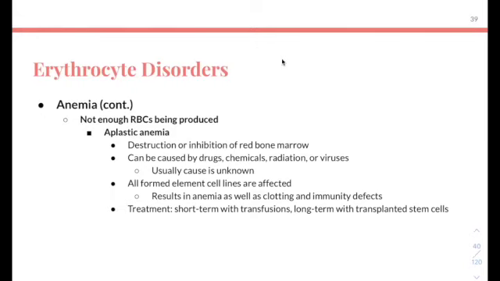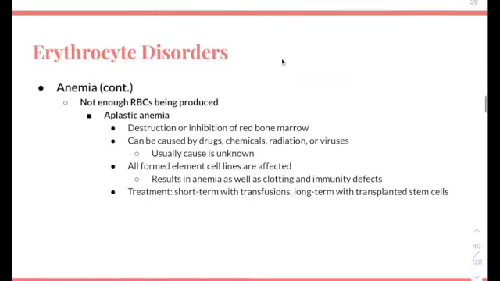So it results in an anemia as well as clotting and immunity defects. So those people tend to get transfusions and they eventually will get transplanted with stem cells to help produce what's needed to produce the red blood cells, the white blood cells, and the platelets again.